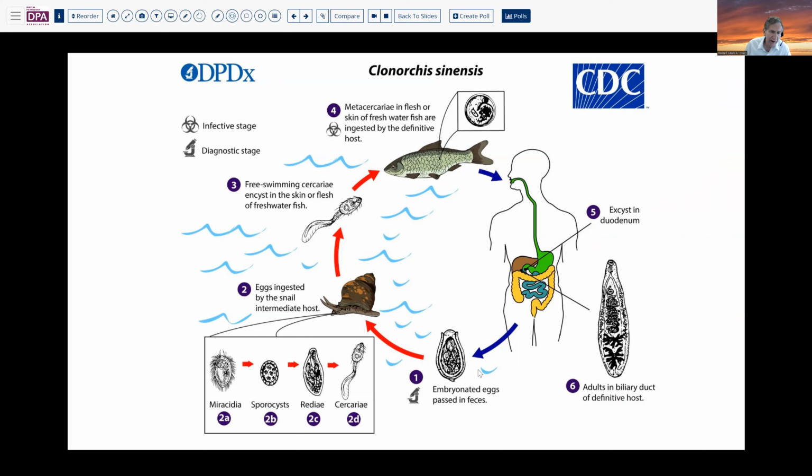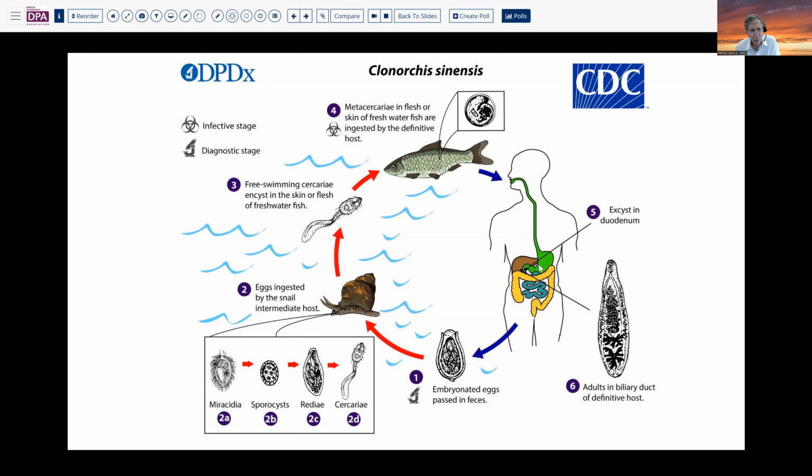But typically, once the egg is in the free water, this is where the water snails ingest the eggs, and within the snail, the eggs develop into miracidia, sporocysts, rediae, and ultimately free-swimming cercariae, which then pass to the intermediate host of the freshwater fish. Within the fish, they encyst into a metacercaria in the flesh of the fish, the skeletal muscle, and then that is in turn ingested by the human.